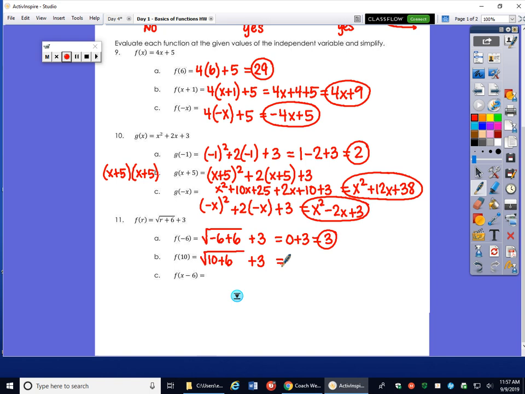So the square root of 16 is 4, and then when you add 3, you get 7. And the last one, you take the square root of x minus 6, and then plus 6, and then plus 3. These are going to cancel, leaving you with just the square root of x, and then plus 3.